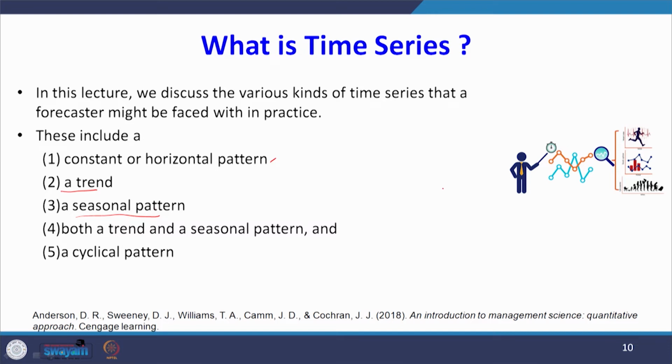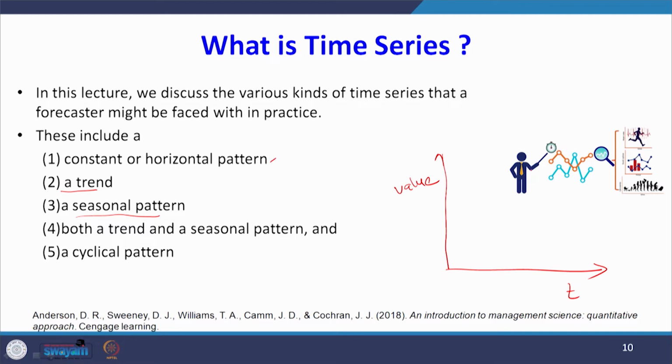Generally in a time series, the x axis is the time and the y axis is the value. We assume that the value differs only based on the time; we are not considering any other variable. That kind of data is called time series data.